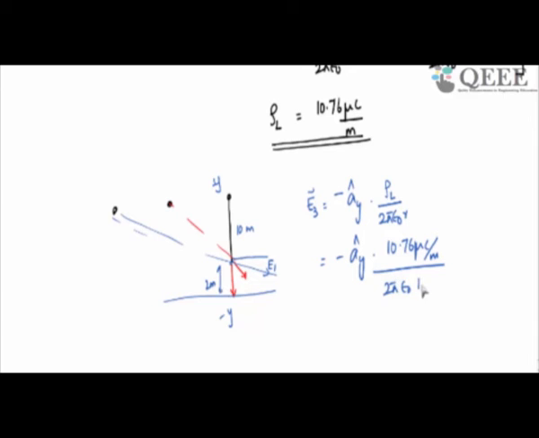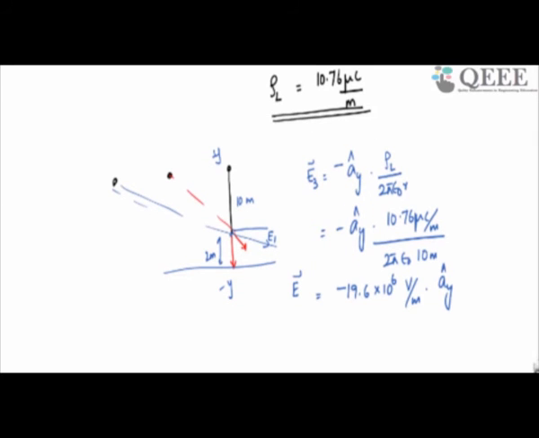So, this R is 10 meter. So, if you put in the values of these numbers, this will work out to be minus 19.6 into 10 power 6, and we are writing electric field. So, this much volt per meter in the minus AY direction. This is E3.